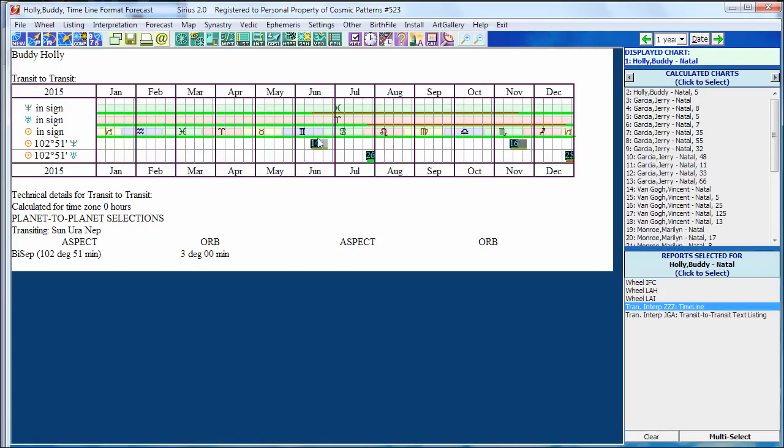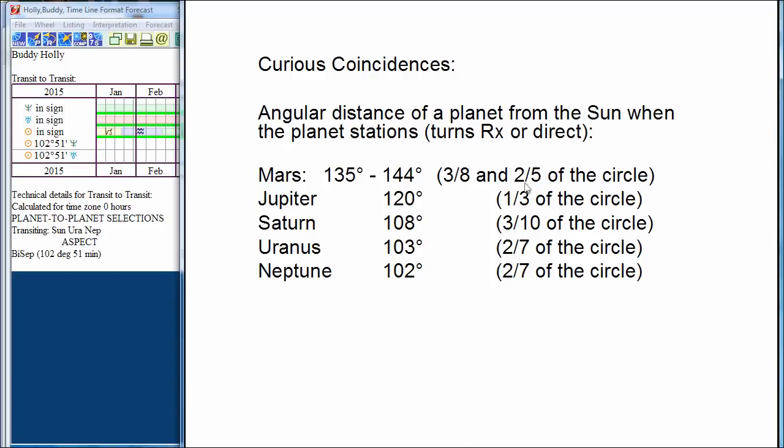The visual gives you the sense of how these transition points are also when the aspects occur. Very, very fascinating. So the outer planets are close to opposition to the Sun, and they turn retrograde and direct at a specific distance from the Sun. And that distance ends up being fairly small fractions, very, very precisely.